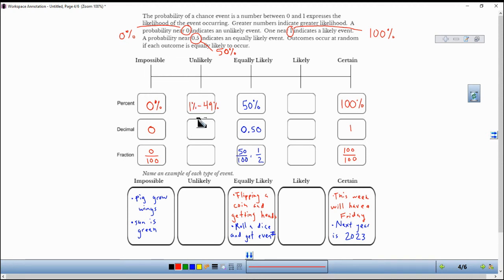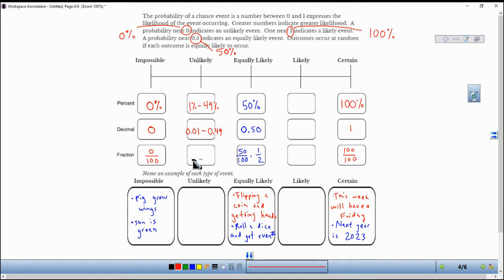It's just unlikely. So the decimals for those percents: 1% is 1 out of 100, which is 1/100th, so 0.01. 49% would be 49/100ths.